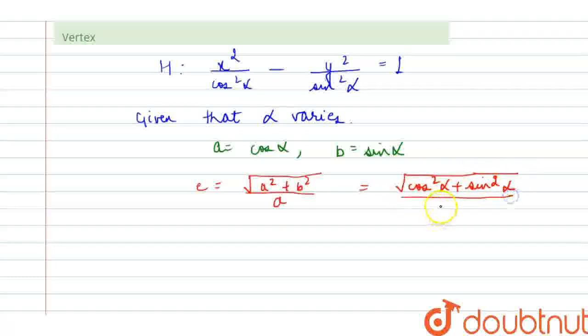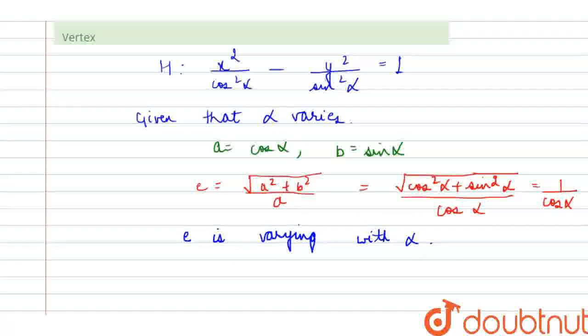Since we know that sine square alpha plus cos square alpha is equal to 1 and under root of 1 is 1, we get eccentricity 1 upon cos of alpha. Now it means that eccentricity is varying with alpha, right? It is inversely proportional to cos alpha, so as alpha changes, eccentricity will also change.